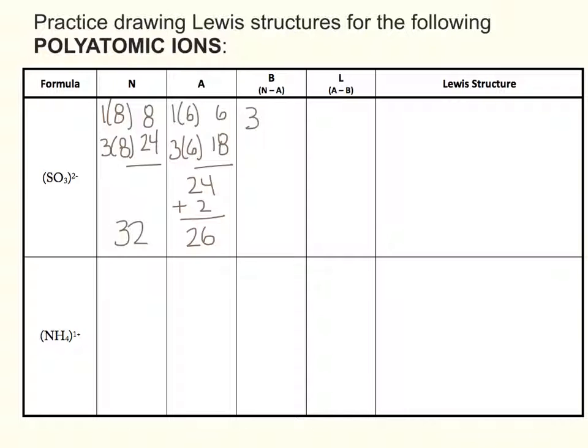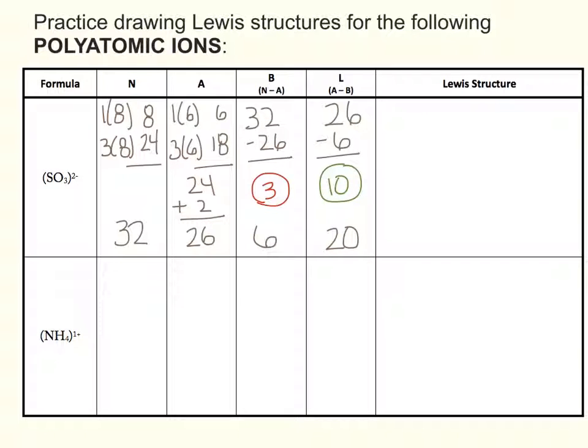For B, we take 32 minus 26, and that is going to give us the 6 bonding electrons, so 3 bonds. Then we take the 26 minus 6 to get how many electrons are involved in lone pairs, and there are 10 lone pairs.